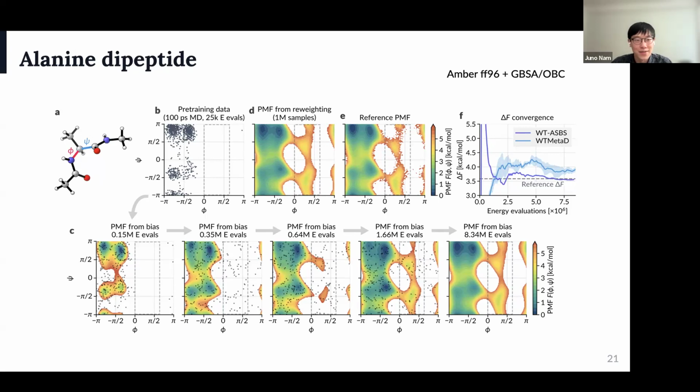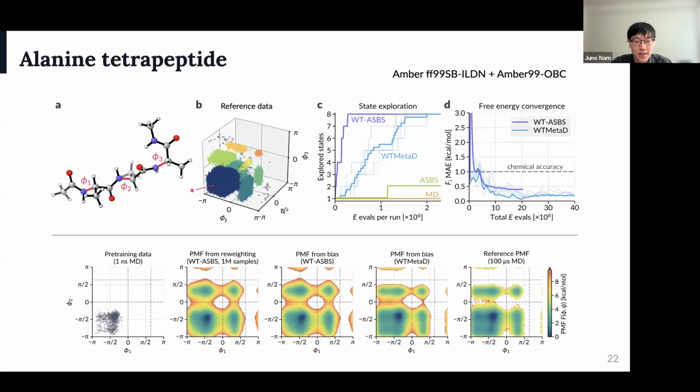But nevertheless, we will move on to the tetrapeptide case, where in this case, we have 8 separate modes when we look at the three-dimensional space spanned by 3 backbone torsional angles. And we'll also use these 3 torsional angles as collective variables.